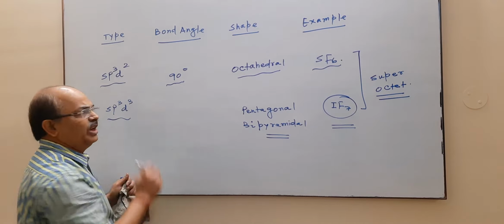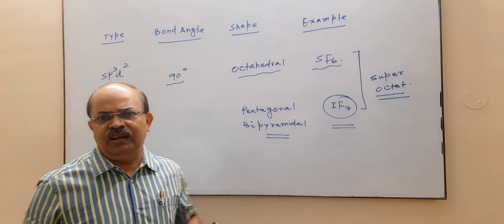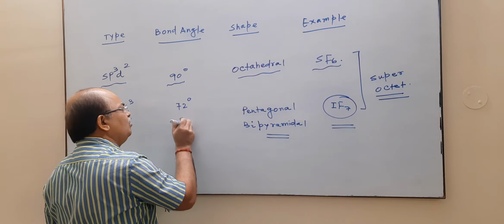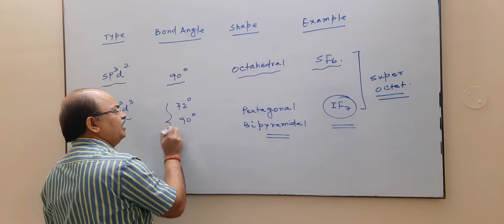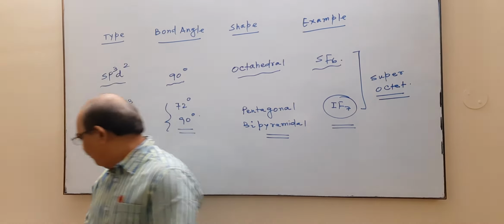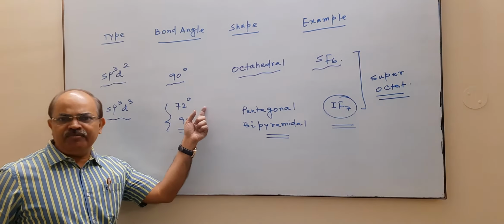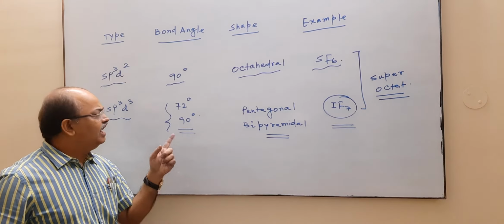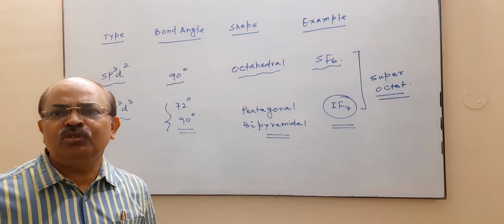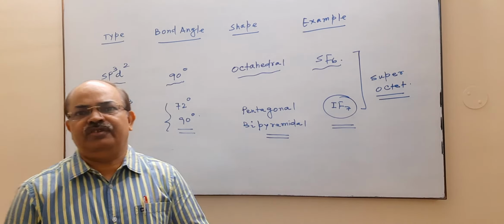Now in this case again we have 2 different types of bond angle. 5 are of 72 degree and 2 are of 90 degree. So again in this pentagonal bipyramidal we have different types of bond angle: 5 of 72 degree and 2 of 90 degree. So this is a simple table of hybridization.